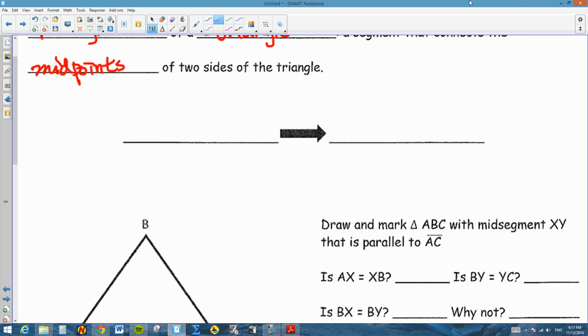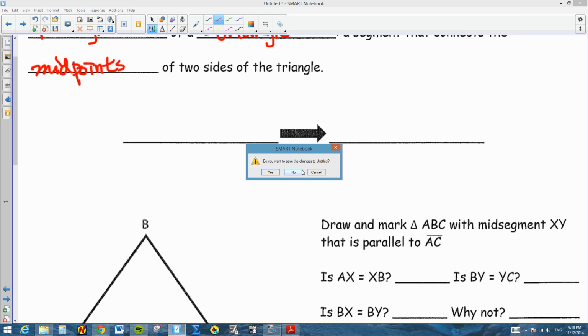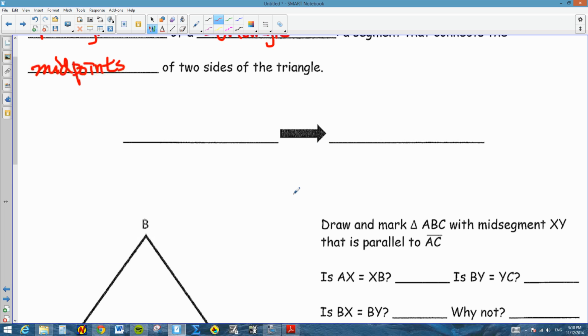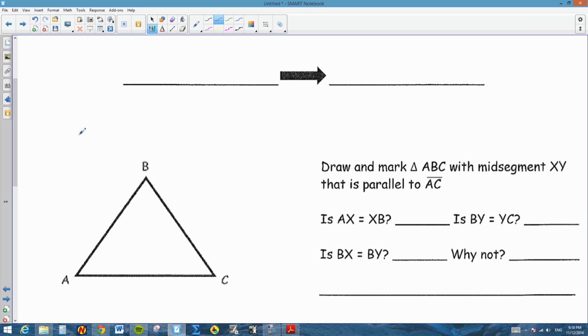So that will give us, since in one triangle, how many sides do we have? In one triangle, we have three sides. 1, 2, 3. So each side has a midpoint. So we have 3 midpoints, which means this is congruent, and this is congruent.